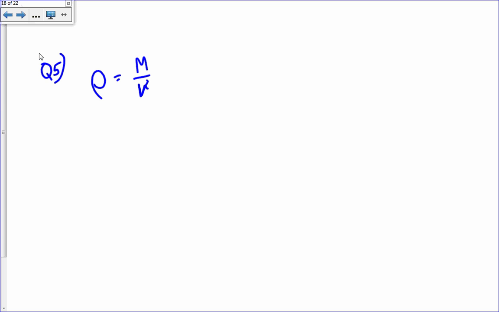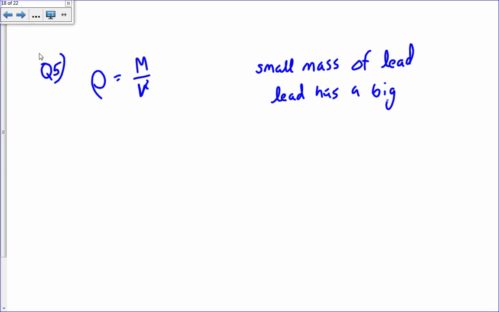Like, for example, you could have a very small mass of lead, but lead has a high density, a very big density. And if you have a small mass of lead, that also means that you have a small volume of lead.